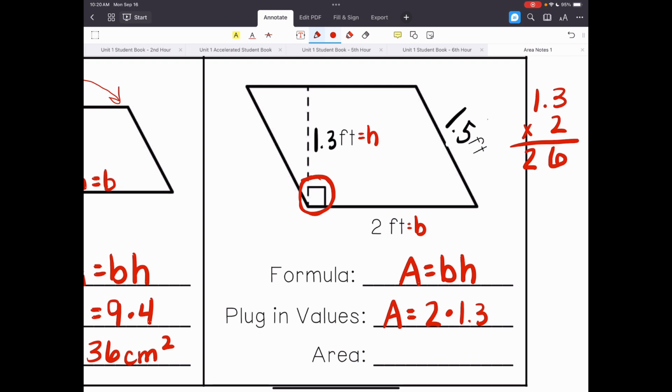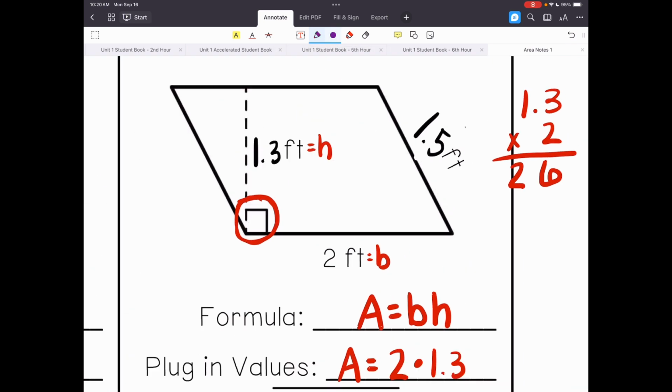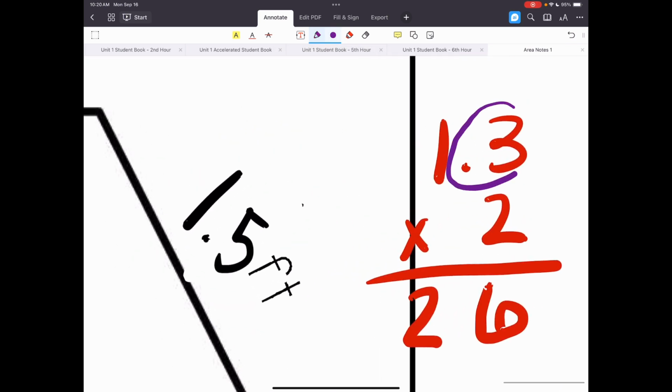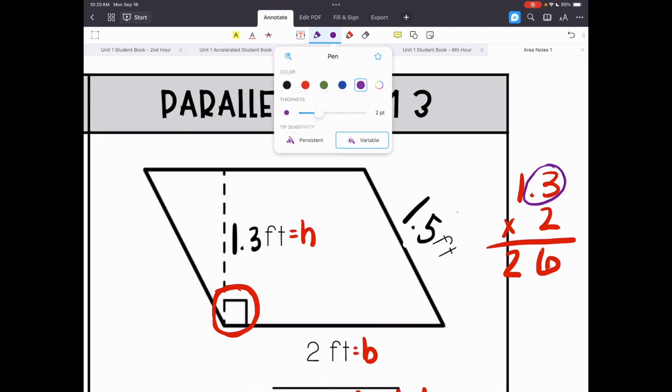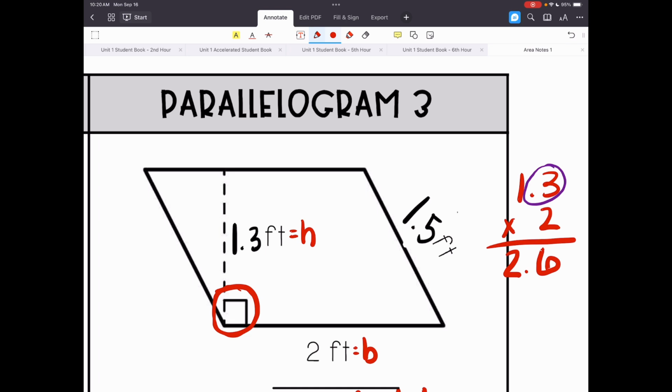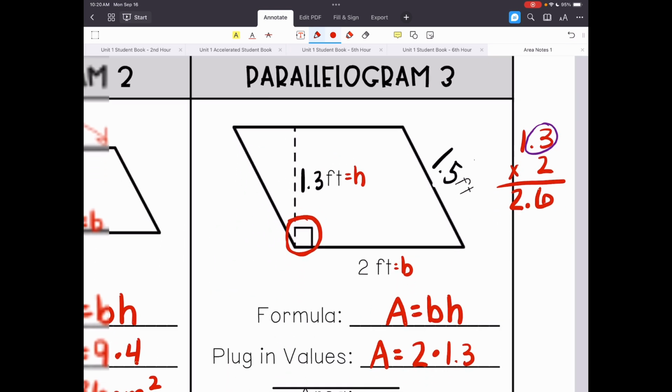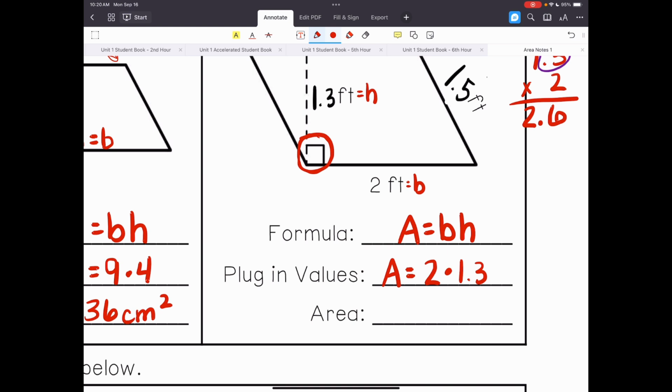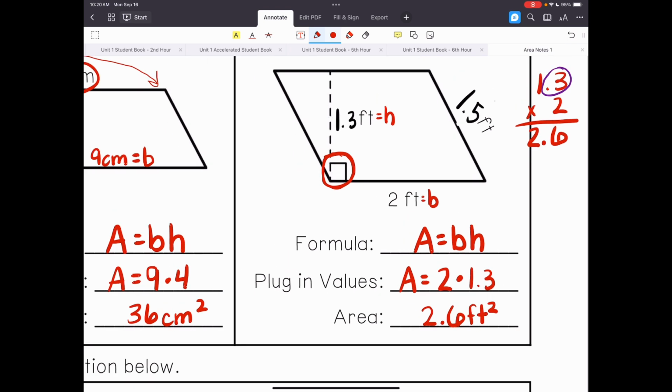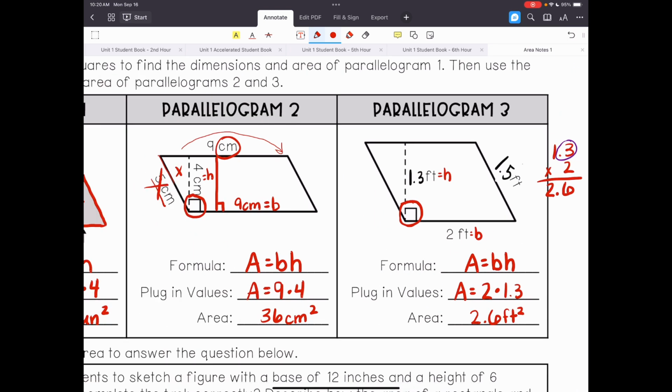And again, we're going back into the original problem, there's 1 digit after the decimal. So that is where my decimal will go, I'll have the number 6 after the decimal. All right, so 2 6/10 feet squared is the area of my parallelogram number 3.